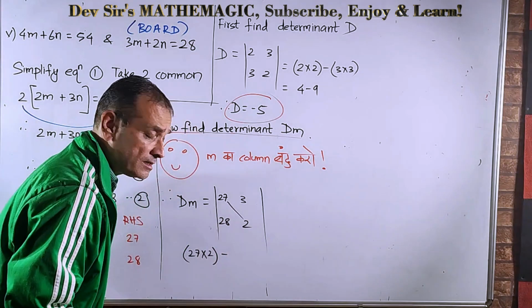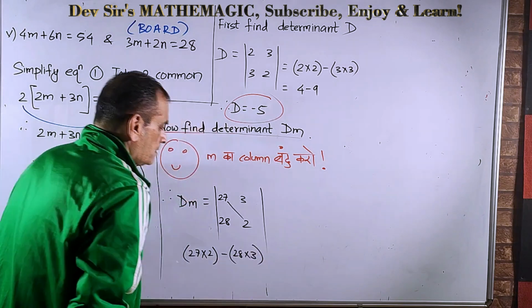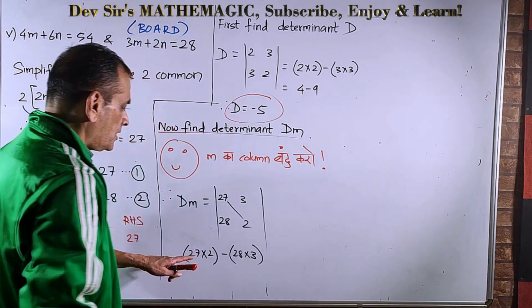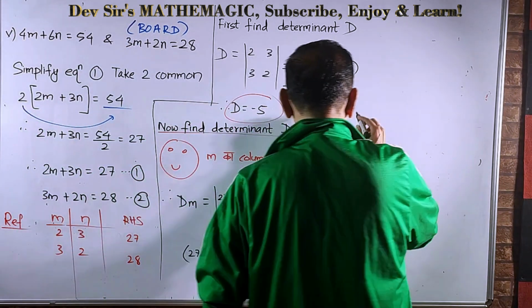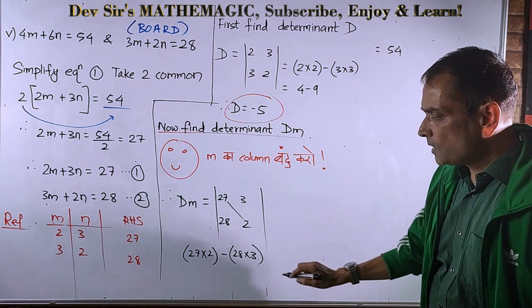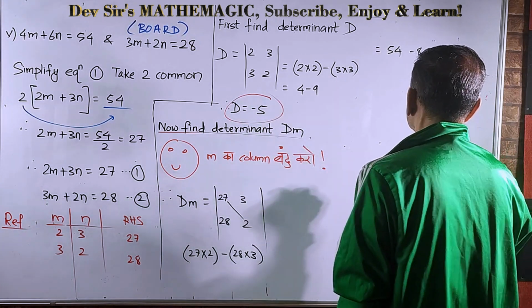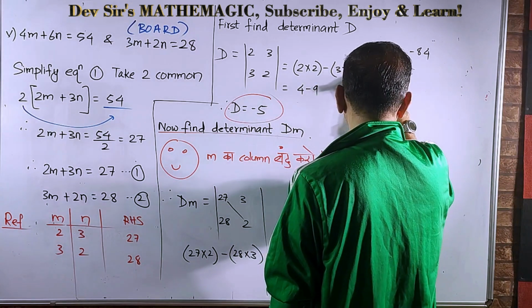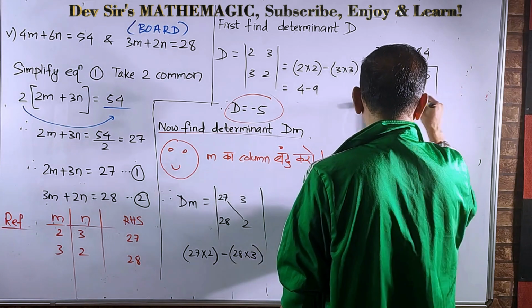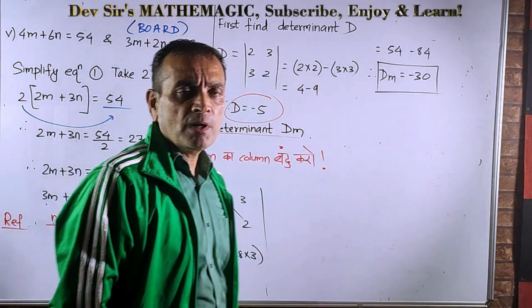This into this first. 27 into 2 gives me 54. 28 into 3 gives me 84. 54 minus 84, as 84 has a negative sign in front. Dm is equal to minus 30.